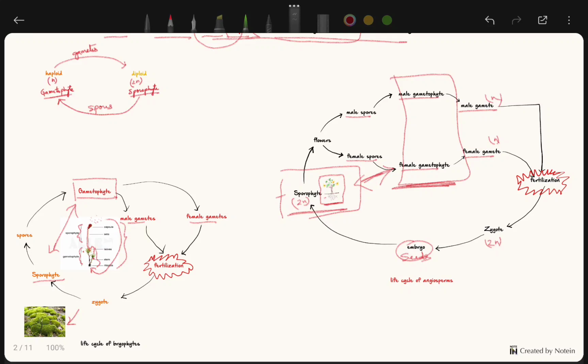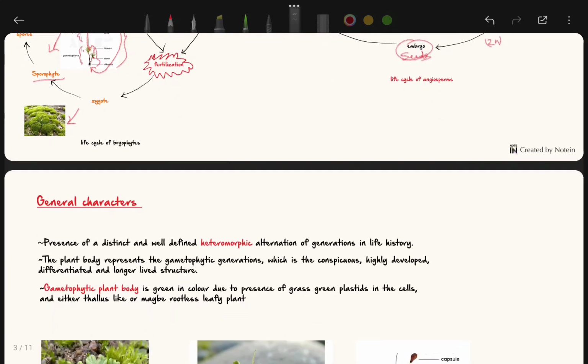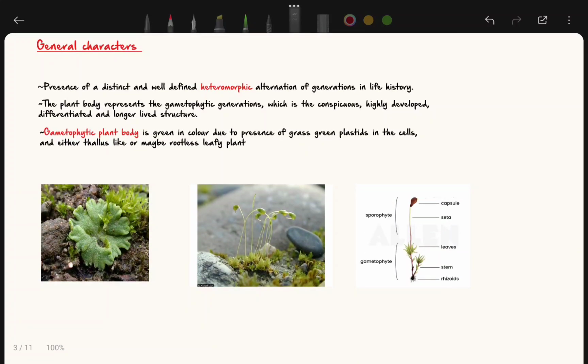Okay, let's get to the second point. The second point we have already discussed. The main plant body will always be represented by the gametophyte.